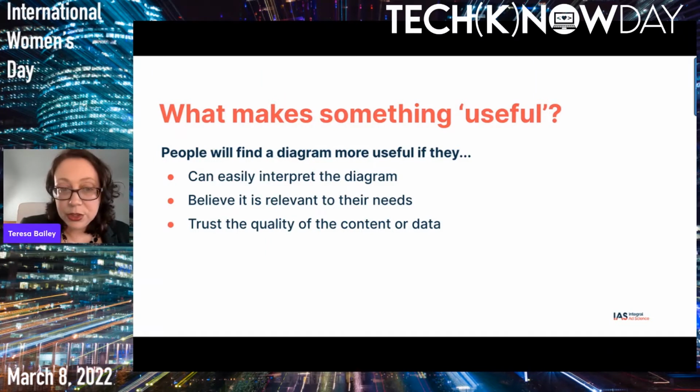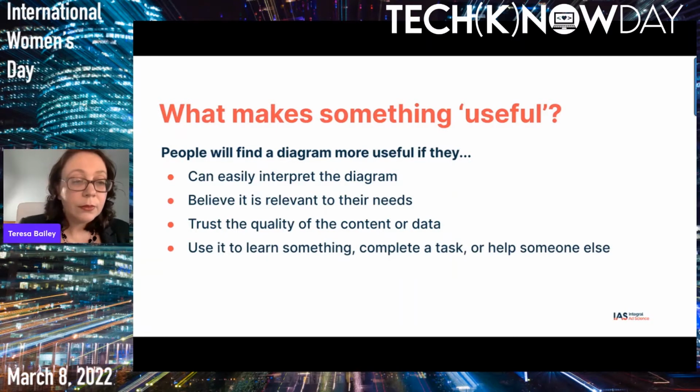Also, people need to trust the quality of the content or the data. This is everything from, is the information accurate, to, is it spell checked? Is the data right? Does it look right? And so when they see it, does it feel like a quality product?